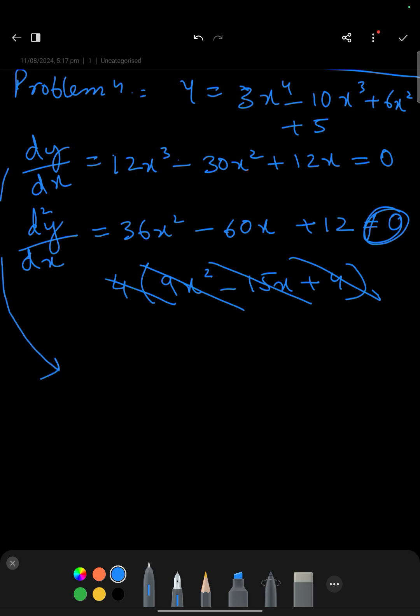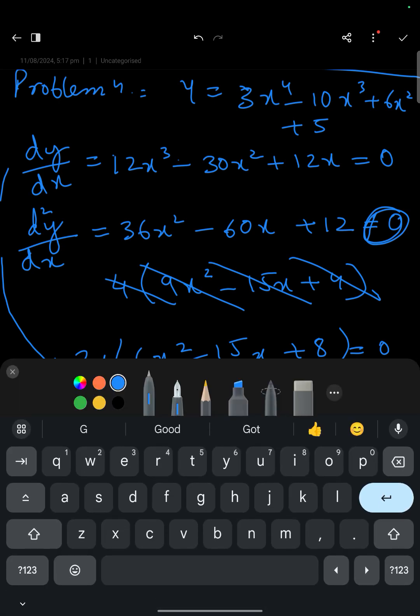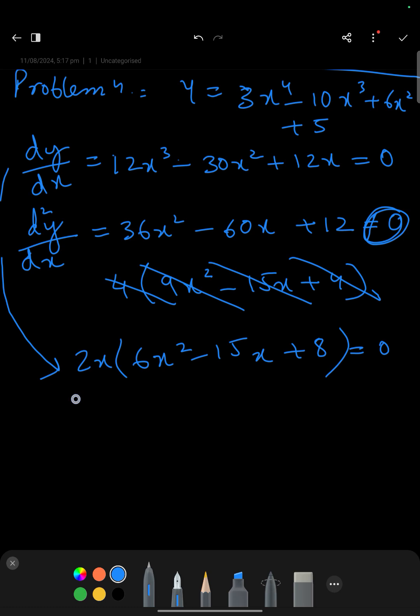So we'll take out the common number from this. In this, 2x is common, so 2x will be taken out. 6x square minus 15x plus 8 will be 0, because our first condition is first differentiation is equal to 0. Now 6 will be cancelled, so 6x square, we will divide this 15, it will be 8x minus 6x plus 8.